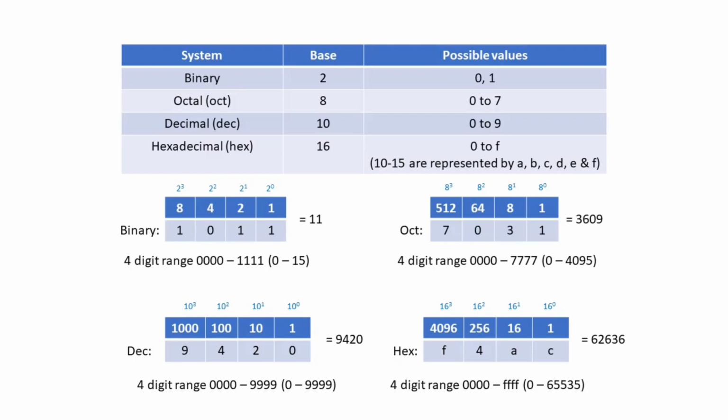For binary, that would be 1, 2, 4, 8, etc. For octal, that would be 1, 8, 64, 512, etc. For decimal, that would be 1, 10, 100, 1000, etc. And for hex, it would be 1, 16, 256, and 4096, etc. Notice that all of these column headers are the base raised to the power of 0, 1, 2, 3, etc. This works for any base you need to work with. I hope this helps. You may need to refer back to this section when covering the last video in this lesson, where hex is used for IPv6 addressing.